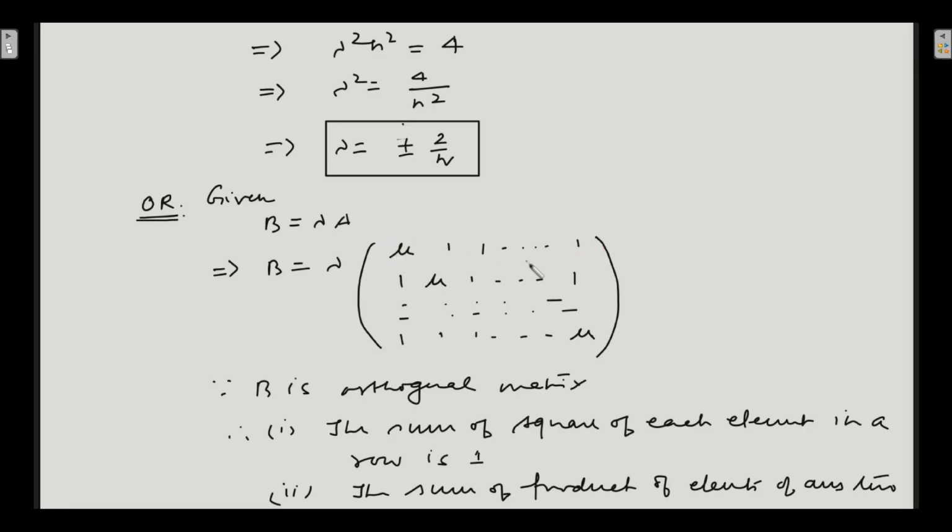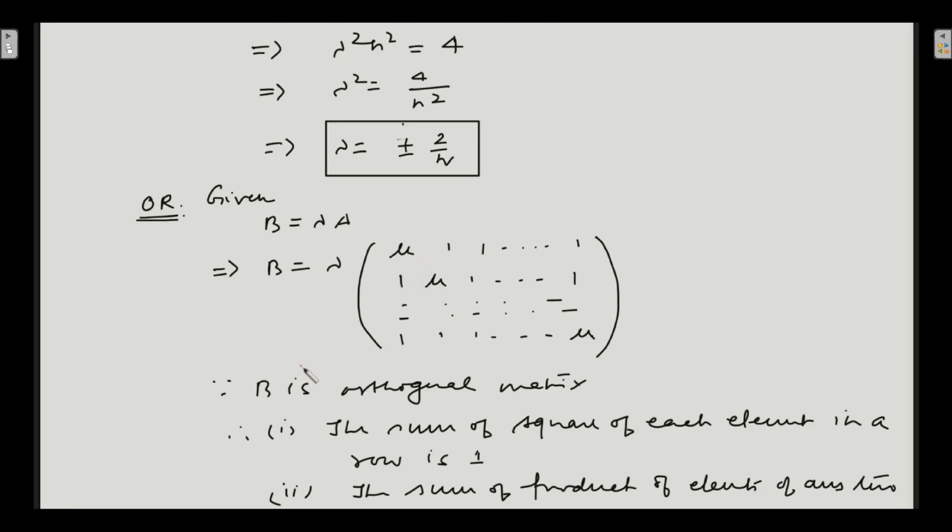It means that 1 2 3 4 n rows, n number of rows and n number of columns. Okay, 1 2 3 4 like that n columns, and 1 2 3 4 like that n rows. Okay, so this is the value of capital B matrix, lambda times this particular matrix, where there is mu at the diagonals and all the off diagonal elements are equal to 1. Okay, or the non diagonal elements are equal to 1.